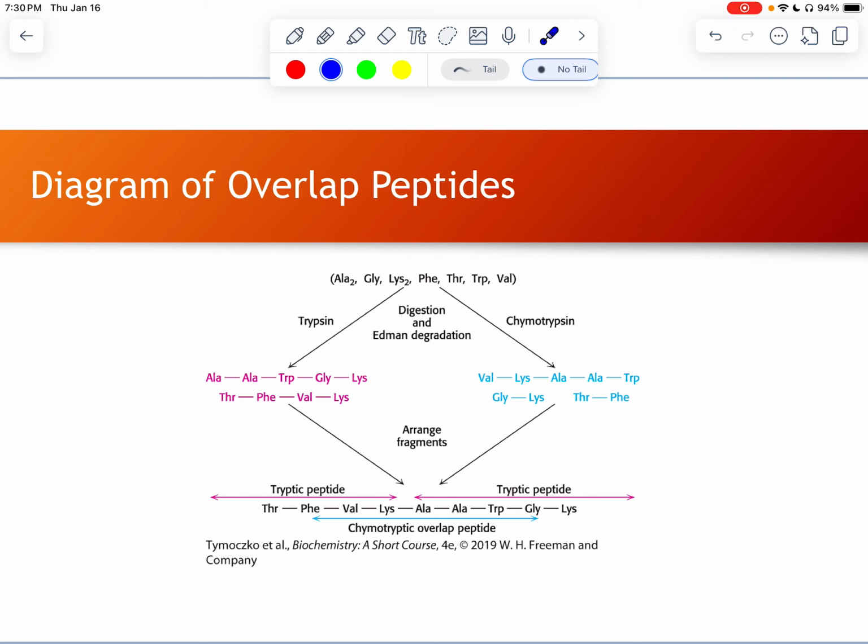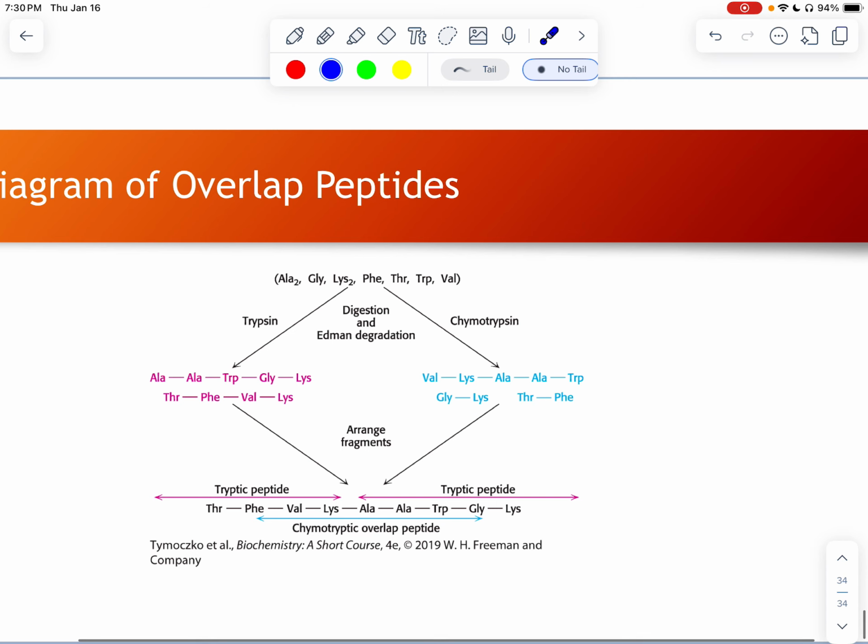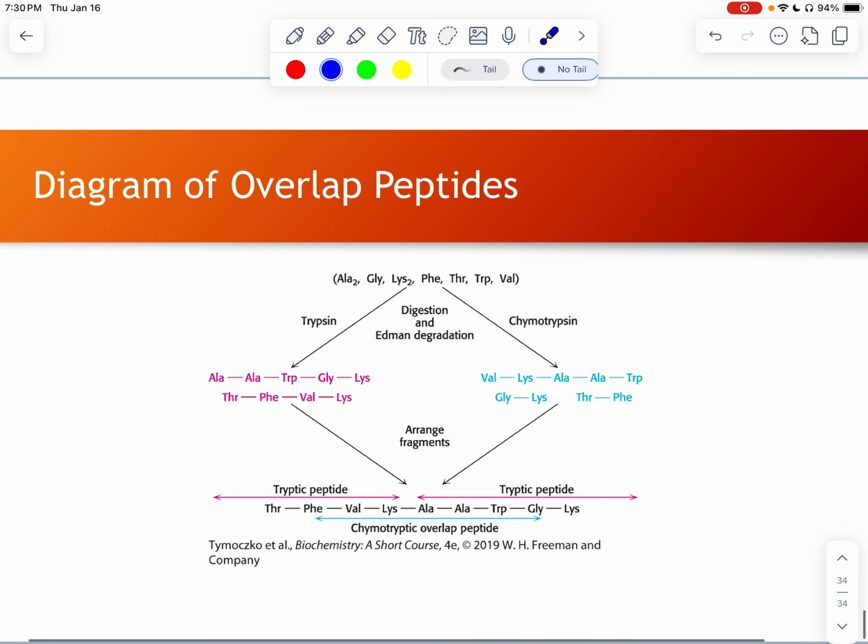But my clue comes from over here because it was broken up differently, and I know it goes alanine, alanine, tryptophan, but wow, hey, lysine is to the left. So I know that this piece must fit in here. So that is the basic idea of using these overlaps to figure out the overall long sequence.